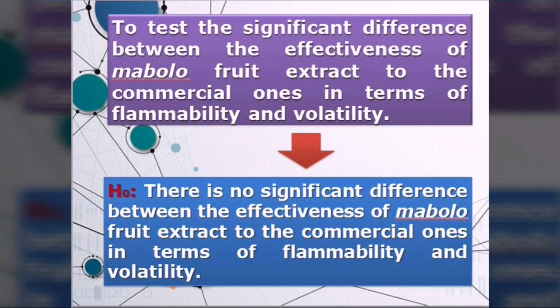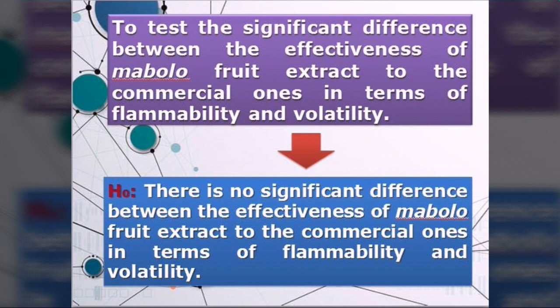How about this one? To test the significant difference between the effectiveness of mabolo fruit extract to the commercialized ones in terms of flammability and volatility, then it goes with a hypothesis like this. There is no significant difference between the effectiveness of mabolo fruit extract to the commercialized ones in terms of flammability and volatility.